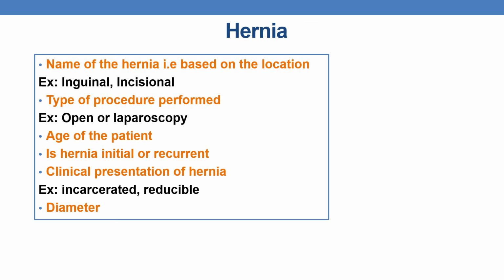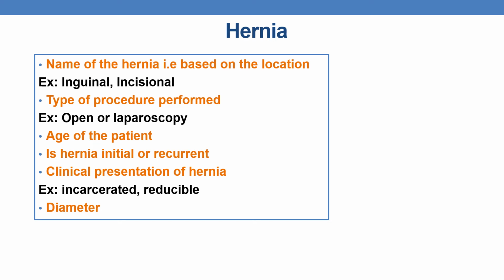Next important topic is hernia. Whenever we are coding hernia, you need to identify the type of the hernia based on its location, whether it is inguinal, incisional, etc. Next, the type of the procedure performed for the hernia repair, whether it is open procedure or laparoscopy.